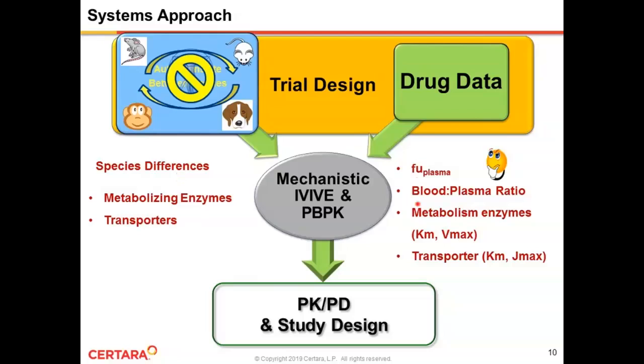Similarly, your blood to plasma ratio is different, and because the enzymes are different, the metabolism itself for the drug can be different in terms of the Vmax and the Km, as well as for the transporters, the Jmax and the Km can be very, very different. So when you're talking about translating from animals to humans, you have to think about what parameters can be extrapolated to human and what parameters cannot be extrapolated to humans.